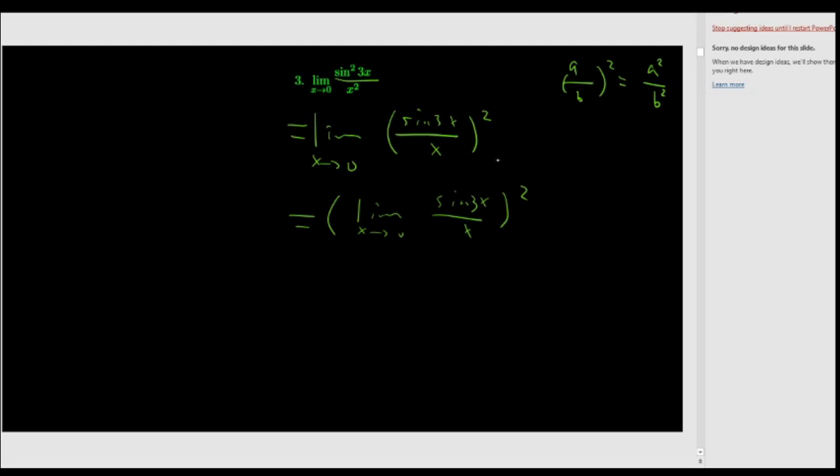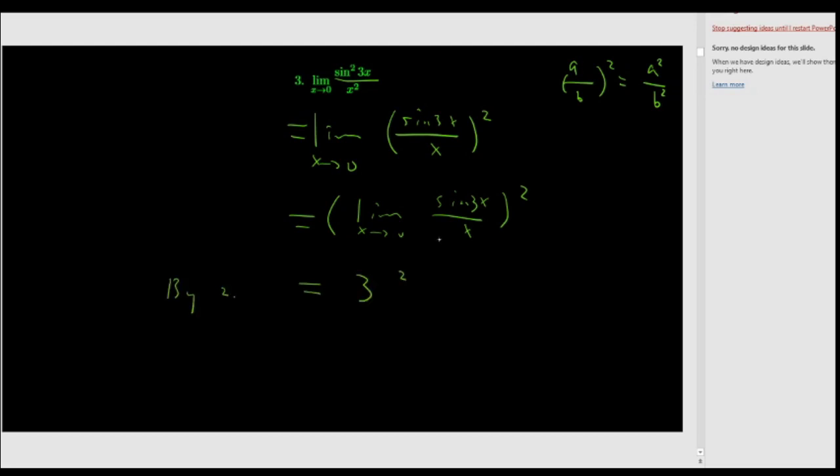Now the inside limit, inside the brackets, we have seen that limit in question 2, right? The answer to the limit inside the brackets is 3, right? So we use the answer to question 2. By question 2, the limit of that is equal to 3 squared.